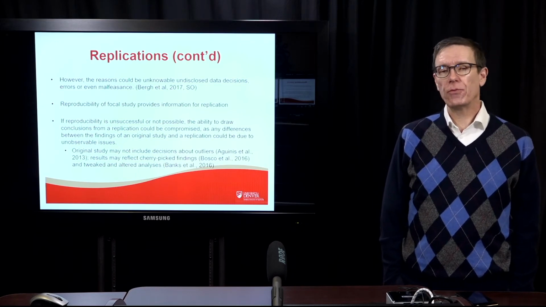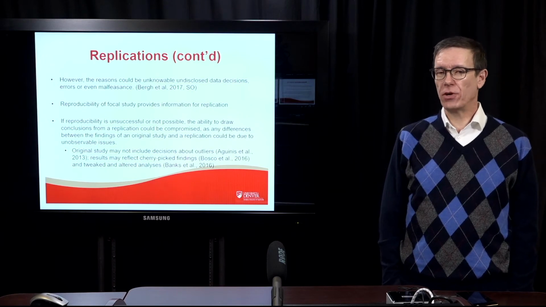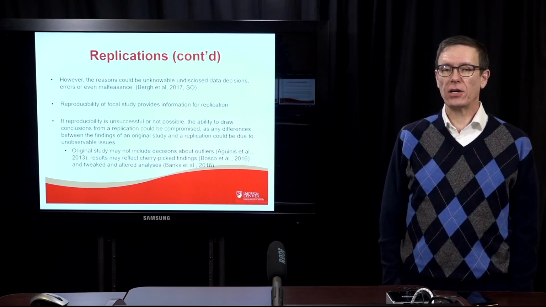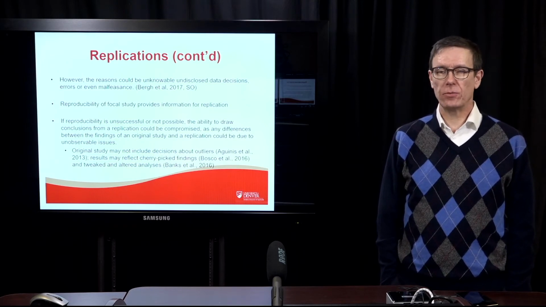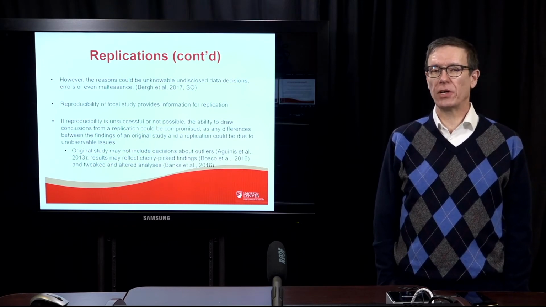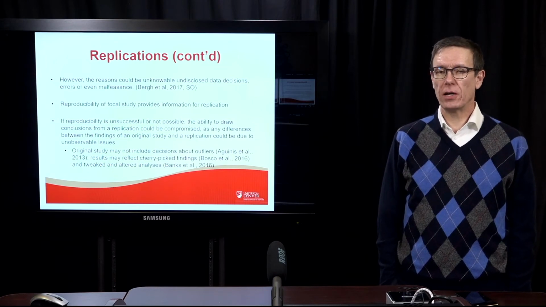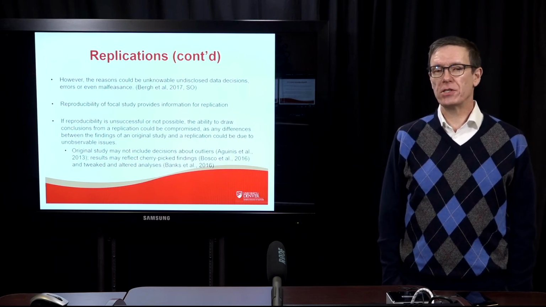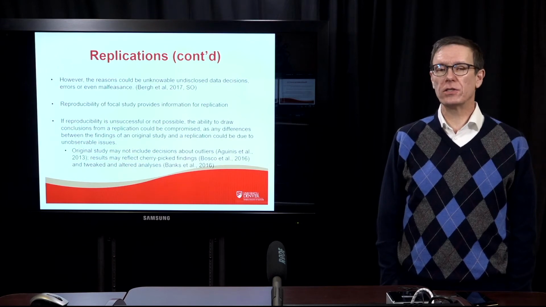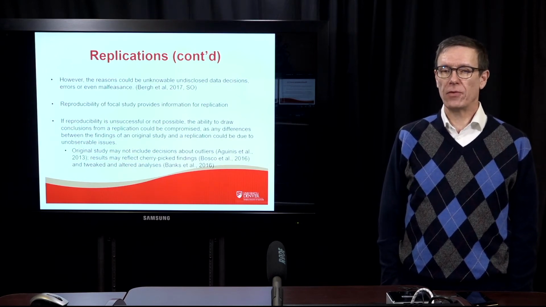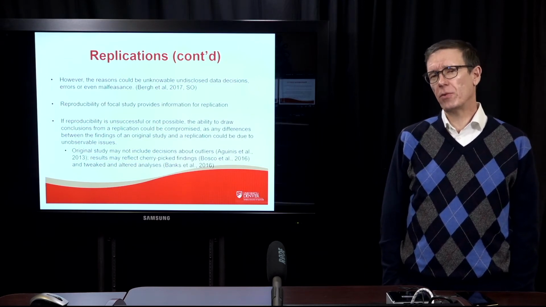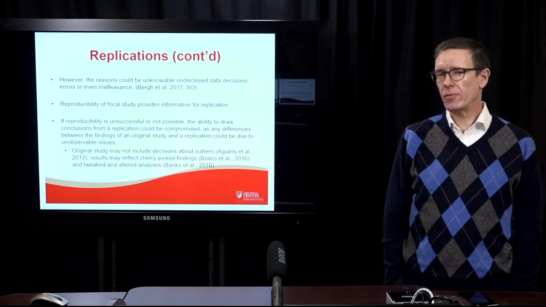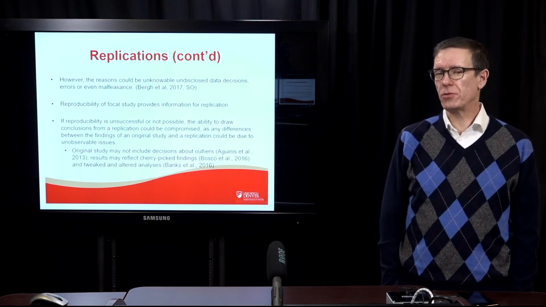For example, if reproducibility is unsuccessful or not even possible, the ability to draw conclusions from a replication study could be compromised, as any difference between the findings of the original study and a replication could simply be due to those unobservable issues. For example, the original study may not have included the disclosure about outliers, or the results may have been cherry-picked, or the analyses may have been tweaked, and the analyses may have been altered in some way that produced findings that may not be clear given how the study was written.